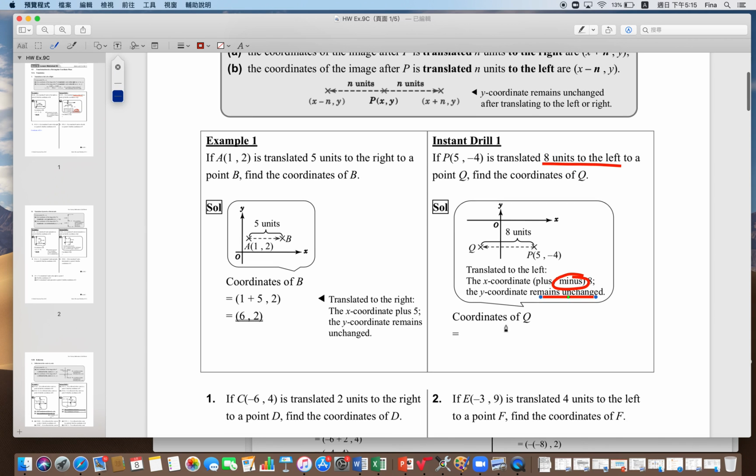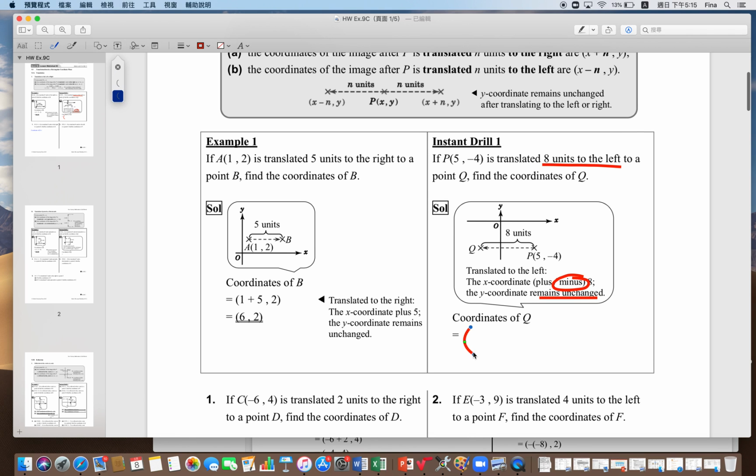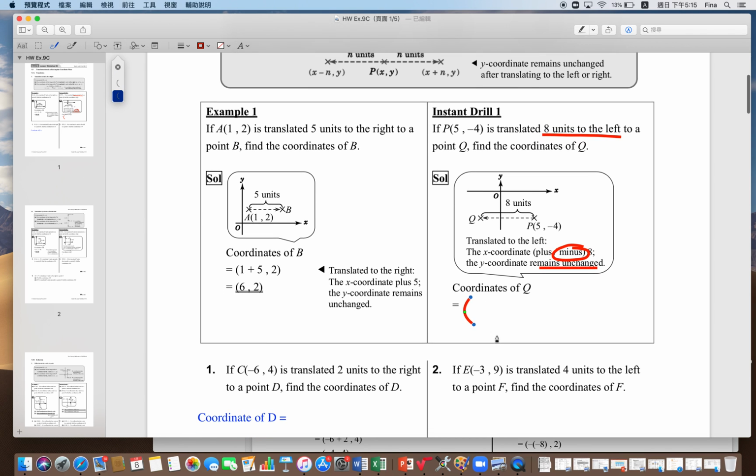And that's why for the coordinates of Q, I may write down, remember, when you are going to represent the coordinates, you should use the bracket and separate the x and y coordinate by a comma. Then, look at the original point P. Originally, the x coordinate is 5. And then because it is to the left, that is 5 - 8.